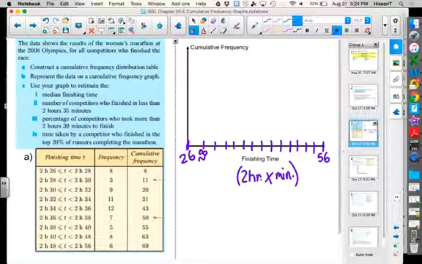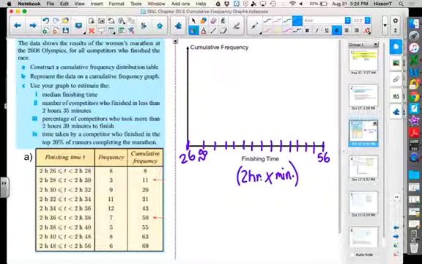Now notice, in this data, they actually kind of broke one of the rules because they didn't divide all of the data ranges, all the classes, into equal widths, okay?